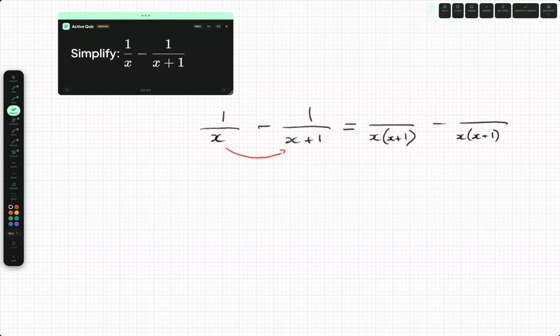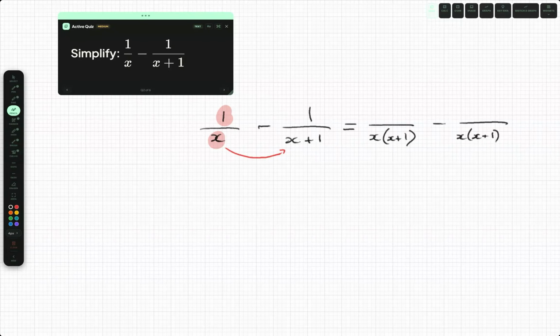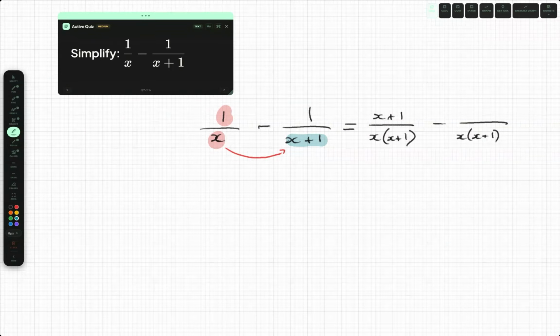Right, now we have to know what we've done to get each denominator to that point. We've multiplied the first denominator by x plus 1, which means I need to do the same for its numerator. 1 times x plus 1 is just x plus 1. And on the other side, I've multiplied this term here by x, which means I need to multiply this top term by x. And 1 times x is x.